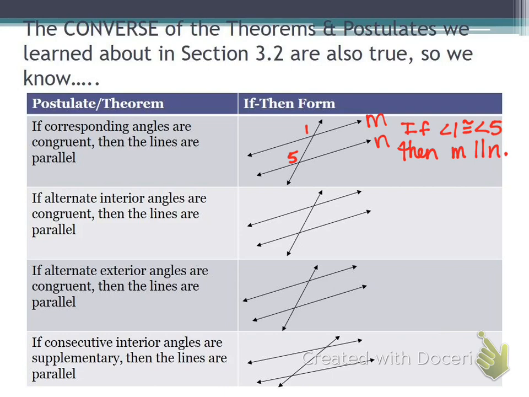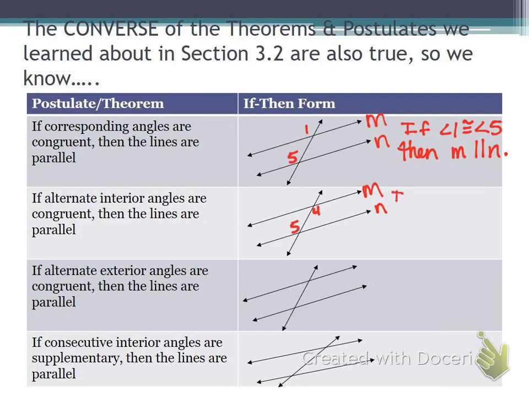The second one, if alternate interior angles are congruent, then the lines are parallel. So again, I'll call them M and N. Alternate interior. We'll use angles 4 and 5.